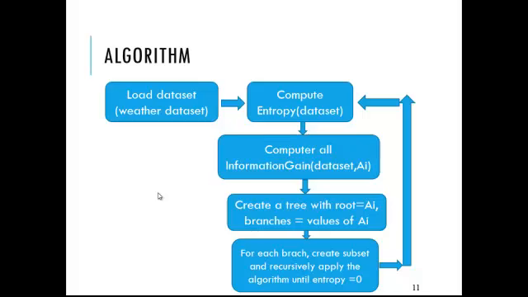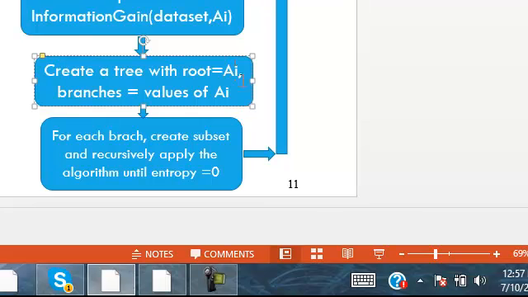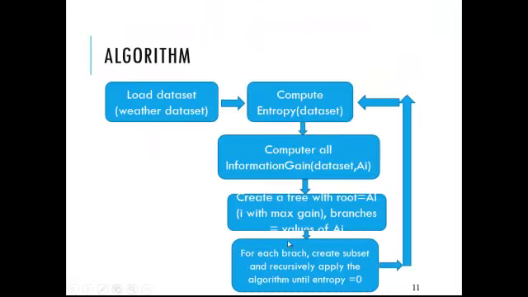So here's the overall data set. We load the data set. We compute the entropy of the entire data set. And then we compute all information gain for each attribute. We create a root of the tree with the root equal to A_i, where i corresponds to the max information gain, and all the branches are the values of A_i.